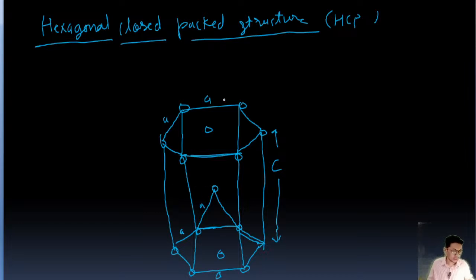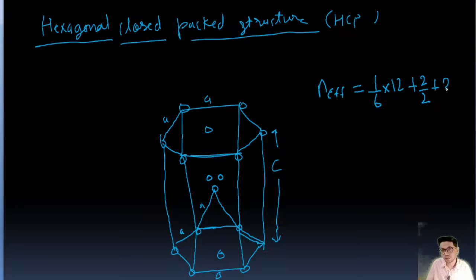So here we'll first find the effective number. We know that N effective is 1 by 6 into 12 total corner atoms, plus the face atoms, that is 2 by 2, and plus 3 atoms are at the center, guys.